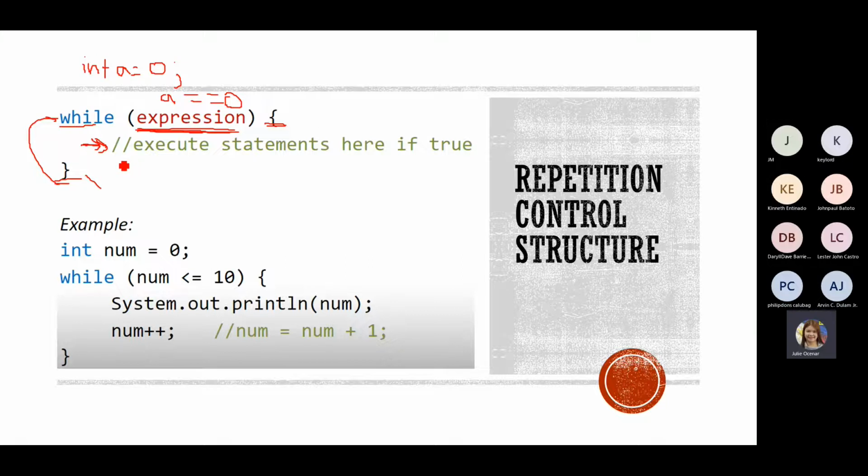So, to avoid an infinite loop, make sure that the loop body contains one or more statements that ensure that the loop condition will eventually be false. So, pwedeng gawin natin na a plus plus or a minus minus para hindi siya mag-equal to 0 at i-exit siya sa while loop natin.